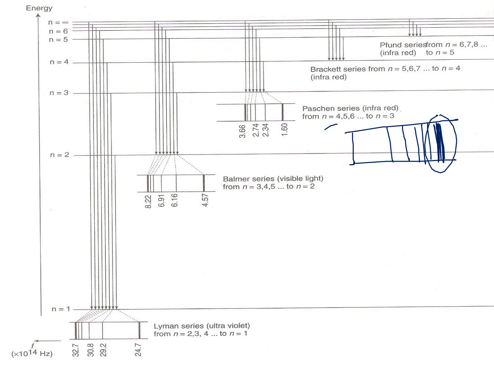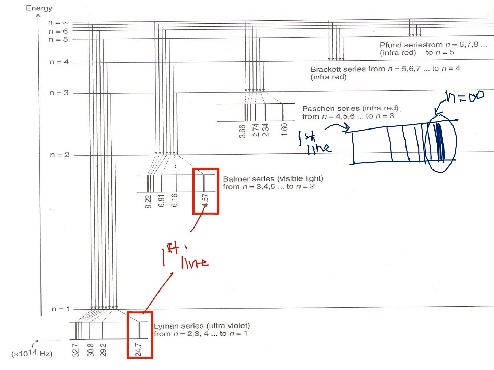So this will be the first line. Okay, and this will be the continuum limit. What happen kalau let's say your line spectrum starts from the opposite side, starts from the right? Okay, makanya this will be the first line.